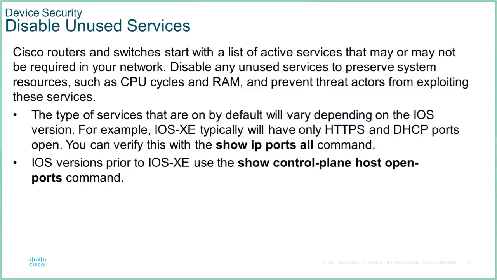All right. Disable unused services. For example, on most routers, especially the older ones, they had HTTP running by default. You can come in and turn them off. One of the ways you can verify what ports are running is show ip ports all.